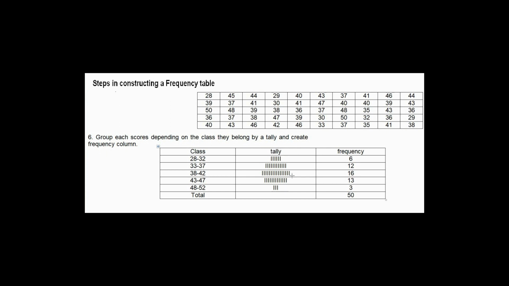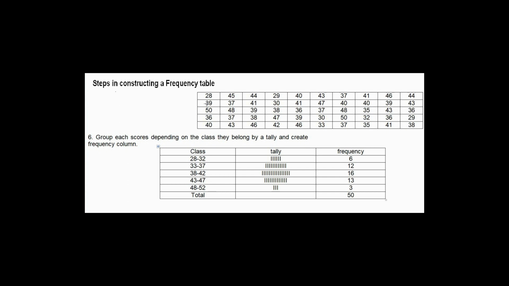How to do the tally column? Make sure that all data are tallied in accordance with their classes. For example, this is 28. I will mark that in the first group because 28 belongs to the first class.